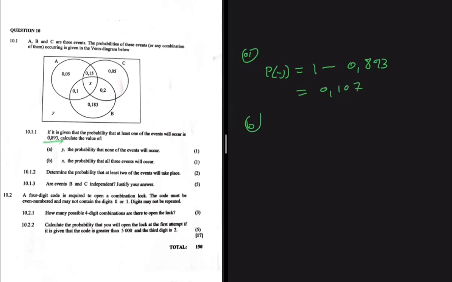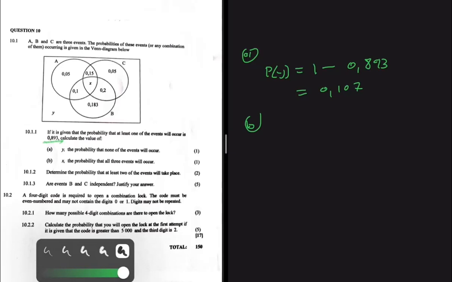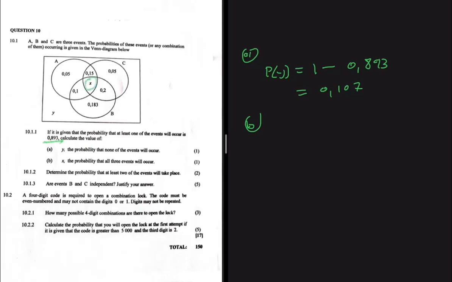B is saying let's calculate the value of x, the probability that all 3 events will occur. X is here. This is what we're looking for. We already know that the probability that at least one event occurs is 0.893.